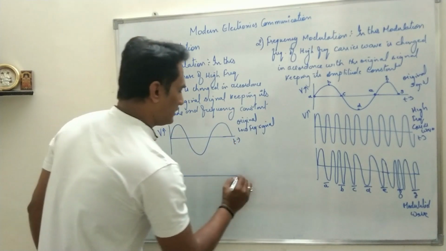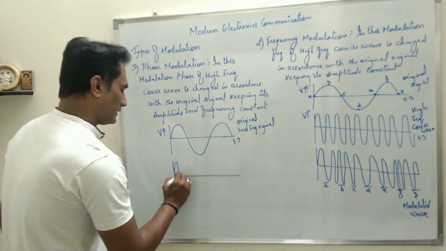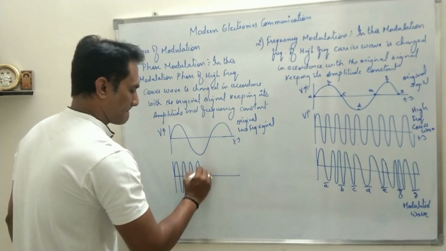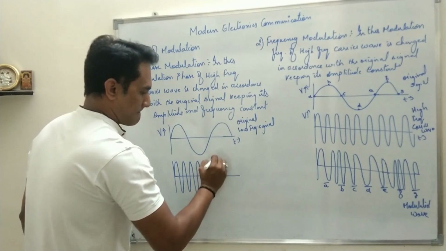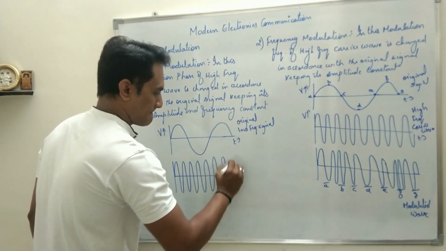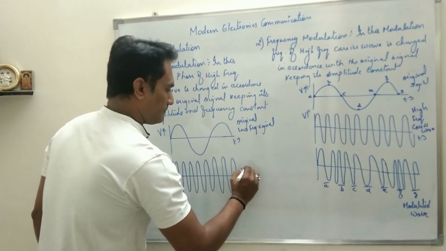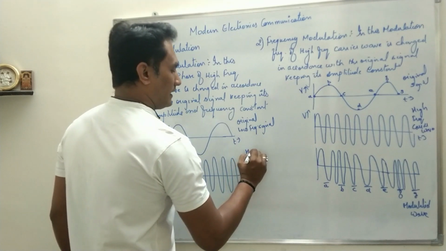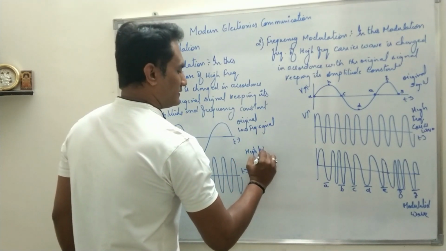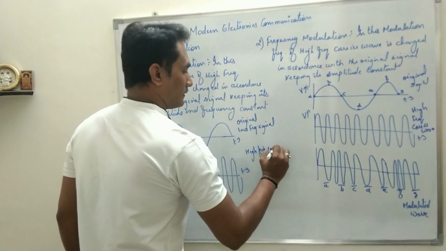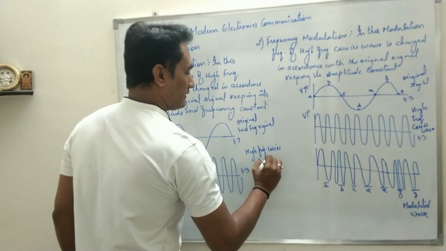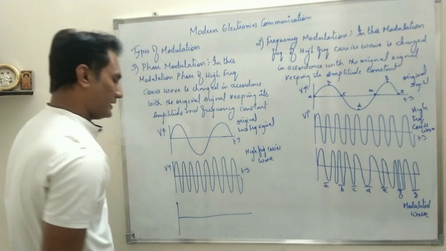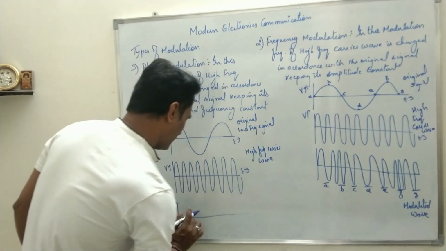Okay, this is the high frequency carrier wave. So this is your high frequency carrier wave, and then the modulated wave. Okay, so the modulated wave will be like this.